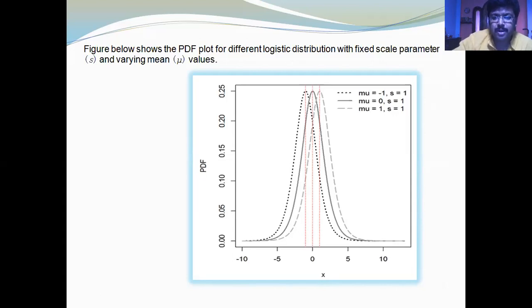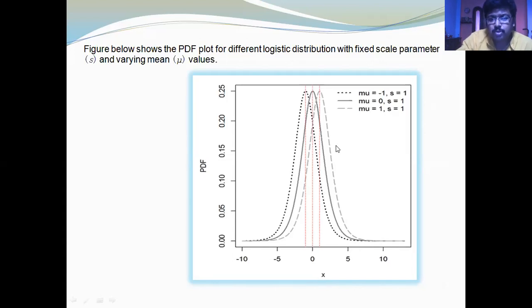When the location parameter is -1, then you can find this type of logistic distribution curve, this dotted line.